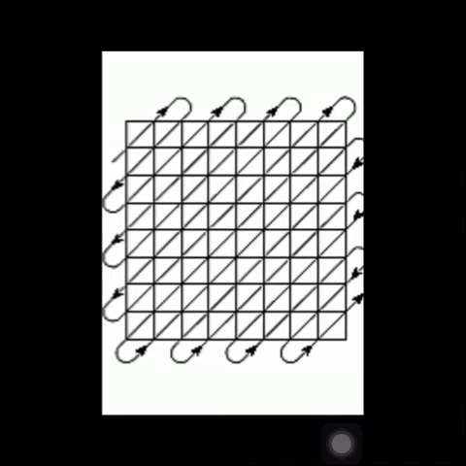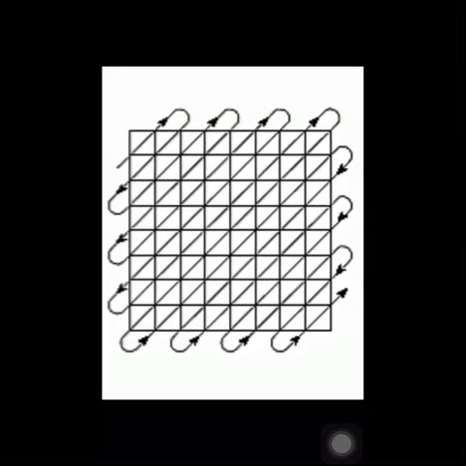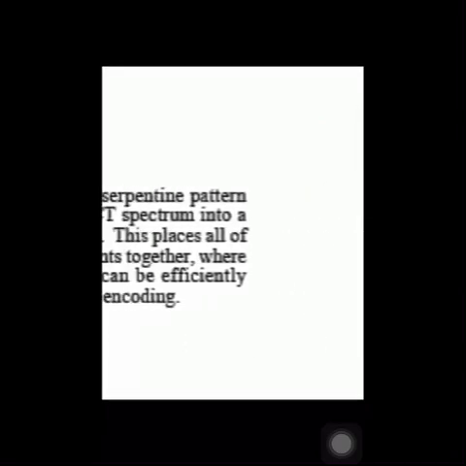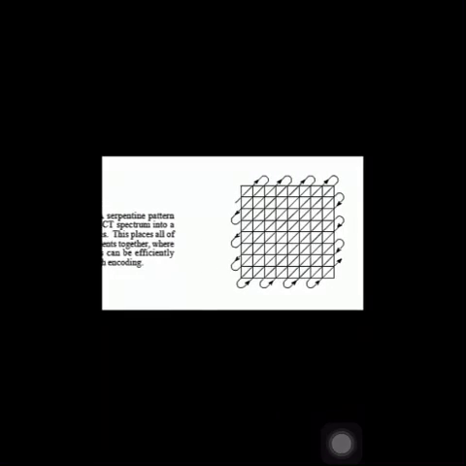This is to convert a two-dimensional matrix to a linear array. Then, on the coefficients collected, Huffman coding is performed, that is your entropy encoder.